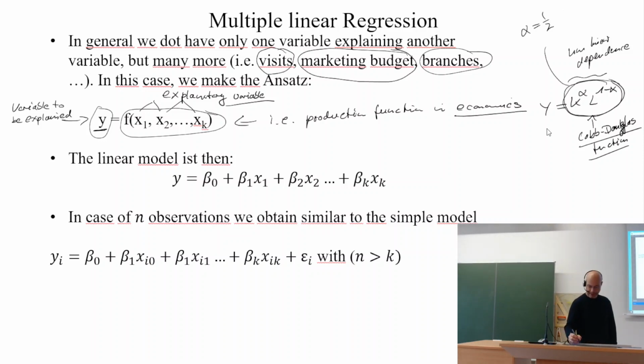If we set 1 minus alpha equals 1/2, then this would be the square root of K times L. And what have we seen in this lecture?